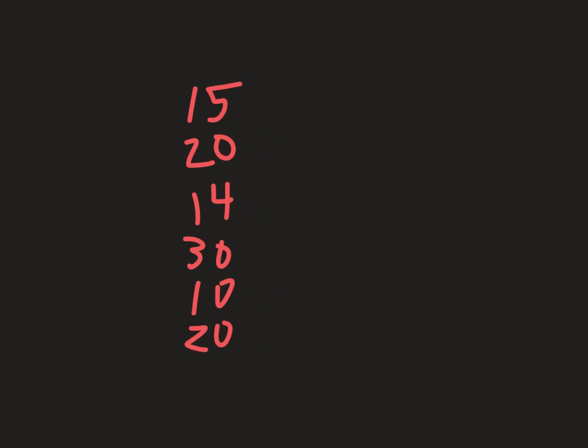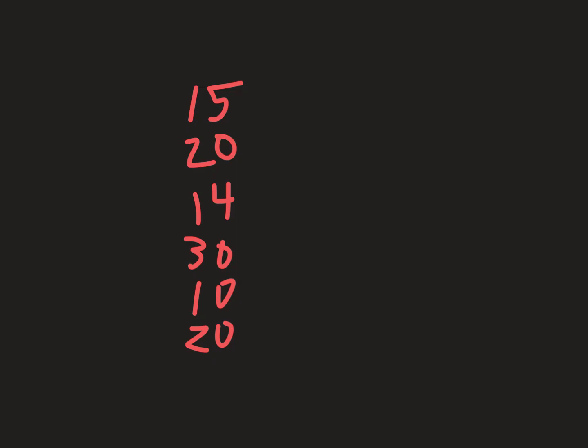All right, so we have so far entered 15, 20, and 14. All right, next kid. 30. Next kid. 10. Next kid. 20. All right, we all caught up? Go up to the front. 30. 30.